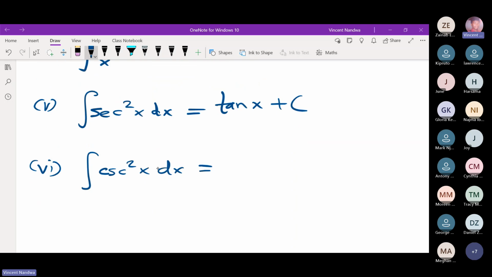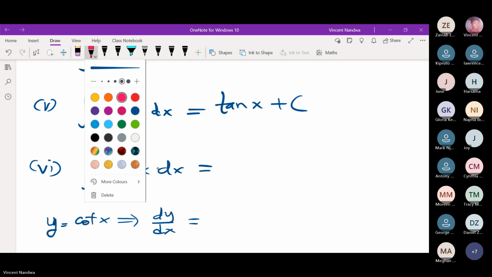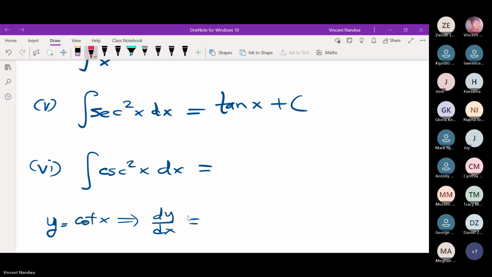Can you just check your toolbox: if y is given by cot x, then what is dy/dx? Check your book. So negative cosec squared x.